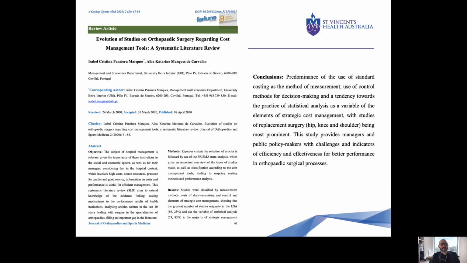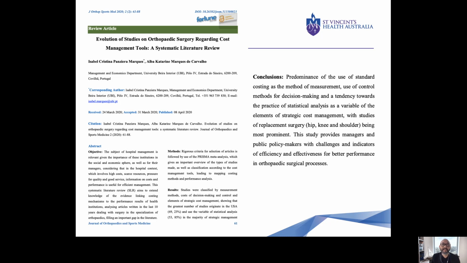What about then cost management in orthopedics? There have also been quite a few studies looking at cost and how cost should be measured specifically when it comes to orthopedics. This is a review article that I looked at that looks at standardizing cost measurements to help support decision making, and the use of statistics and everything.